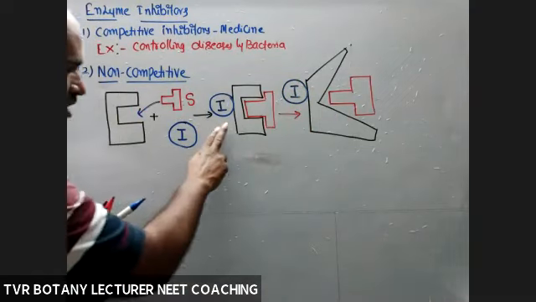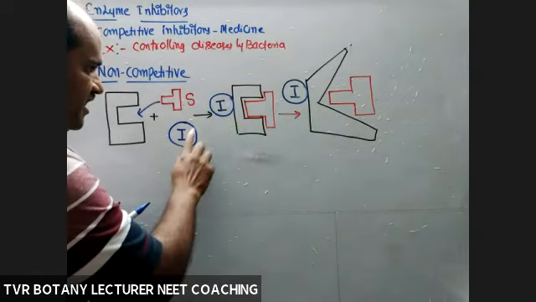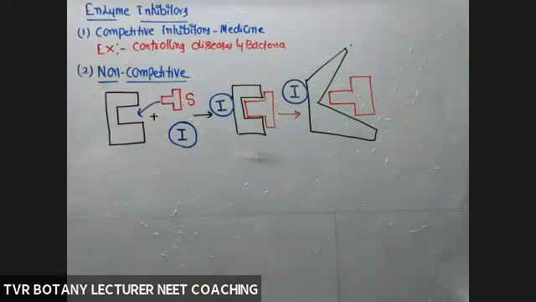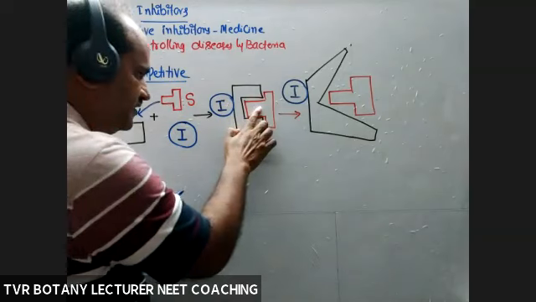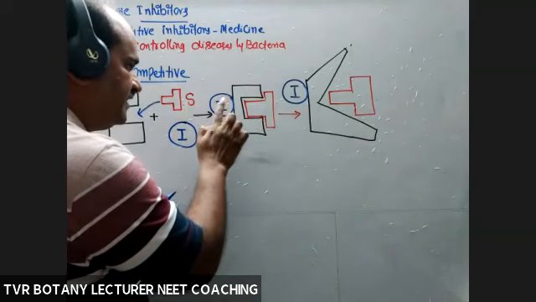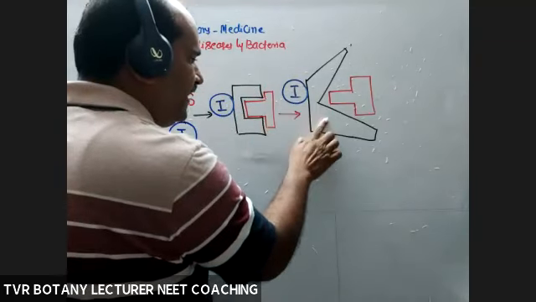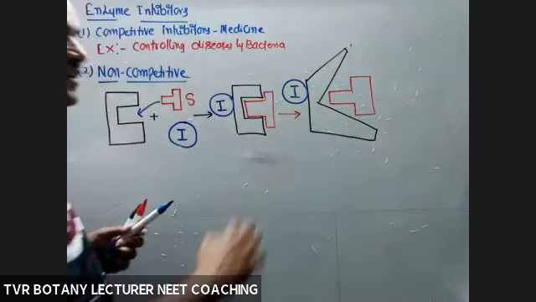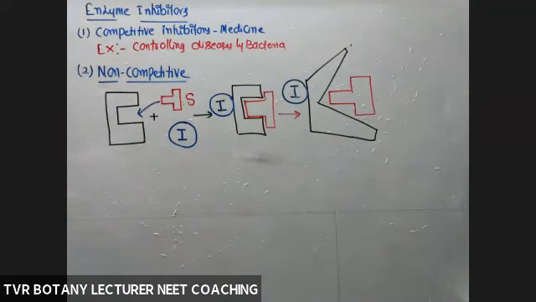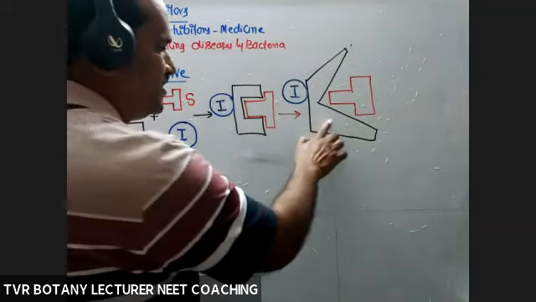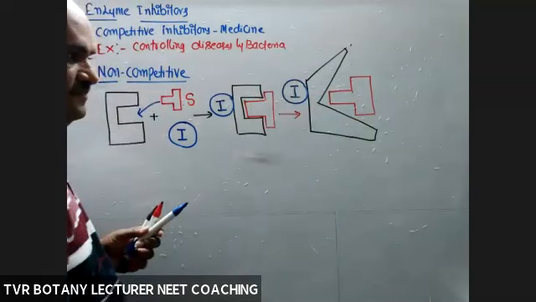In this case, both the substrate and the inhibitor are in contact with the enzyme: within the active site, the specific substrate; other than the binding site, the inhibitor. Now the inhibitor is making the enzyme not suitable for biochemical reactions. So in this case, the enzyme is permanently damaged.